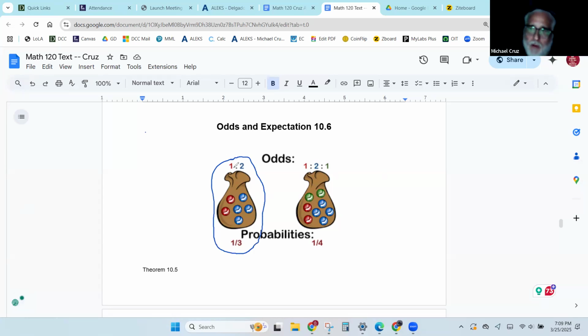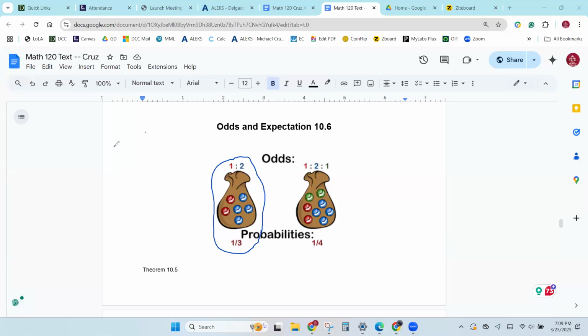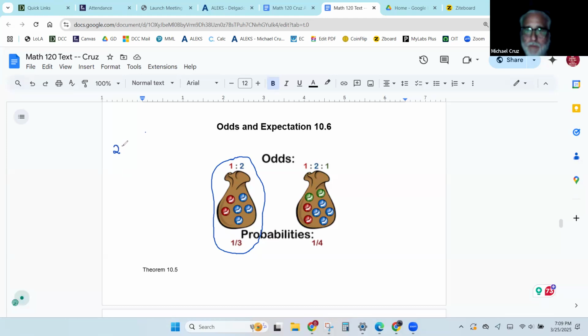All right. So in this bag of marbles, we got 2 reds and 4 blue. I'll tell you what, let's back up a second. Let's talk about the probability of red first, since we already understand what probability is a bit.